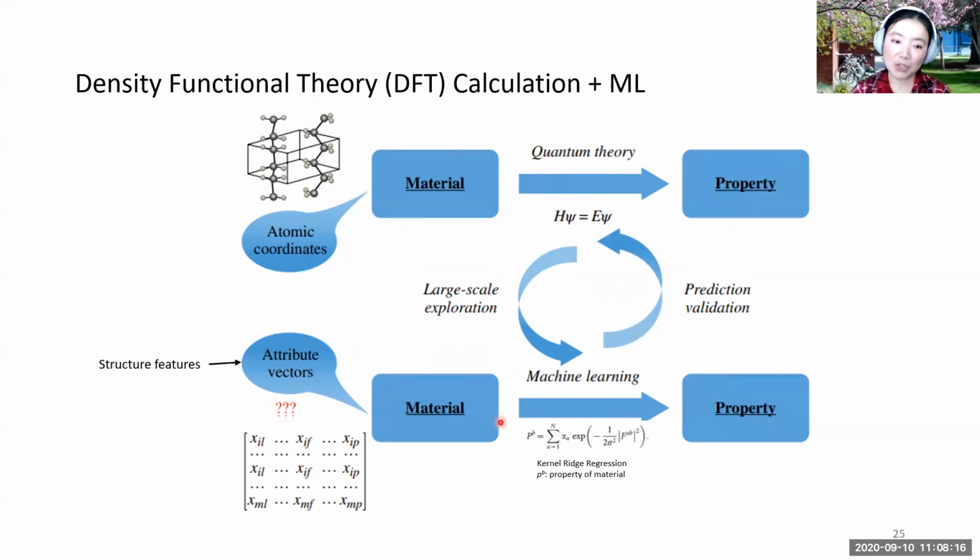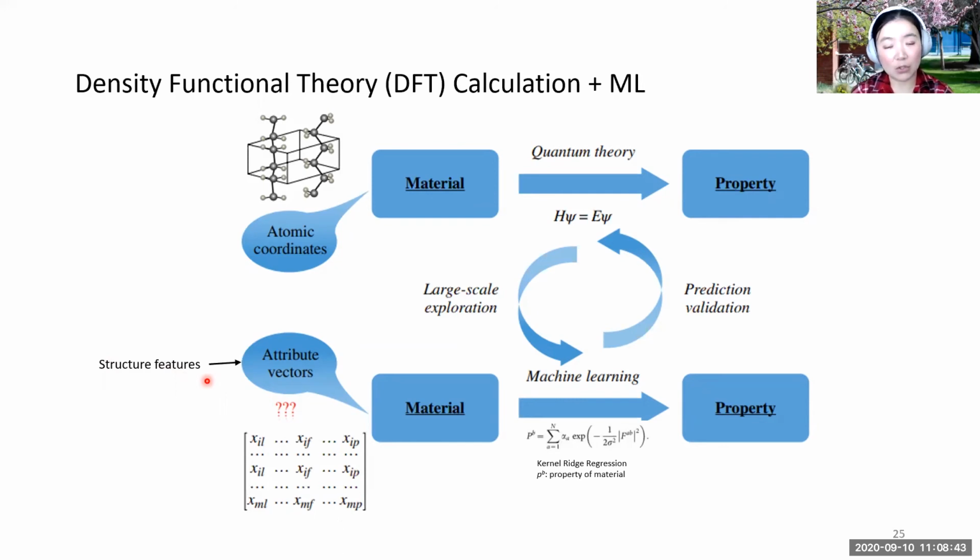Machine learning, we know, is different. We don't need to build up the structures one by one. We can just tell the machine learning model some structure features, for example the type of composition or the concentration of the composition. Those are the two things I'm very interested in, because I know they affect the structure stability.